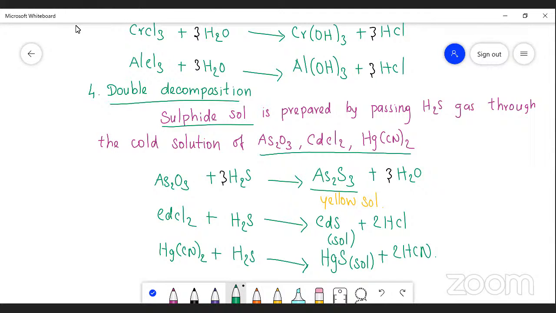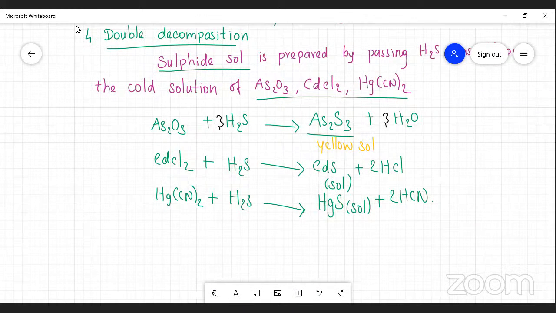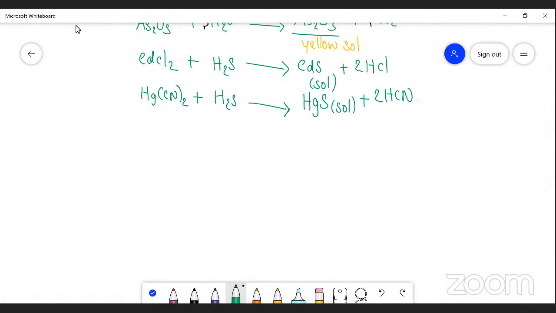The next one, the fifth reaction, is decomposition. What is a decomposition reaction?